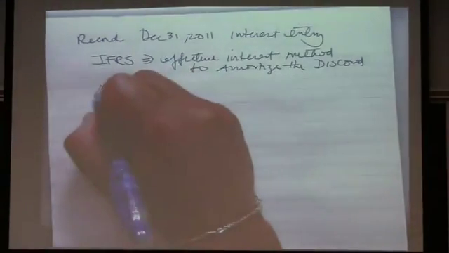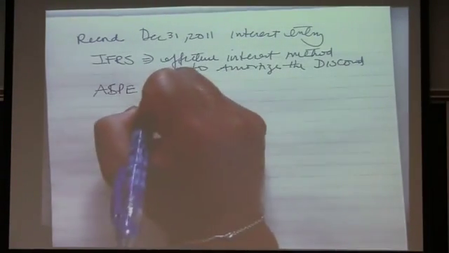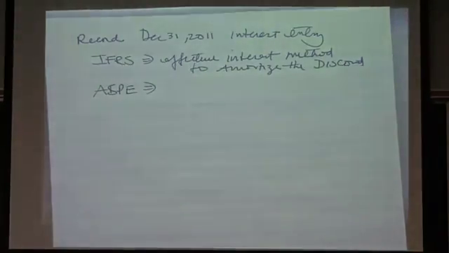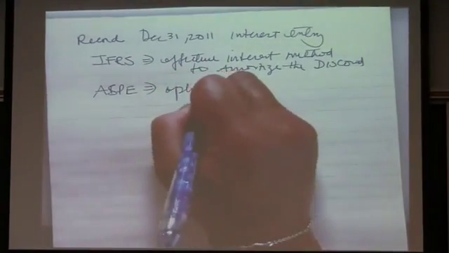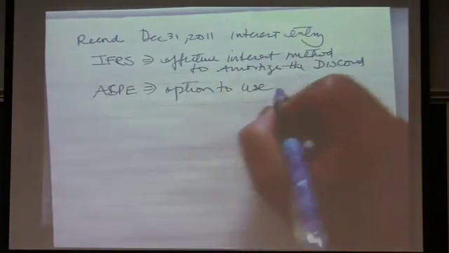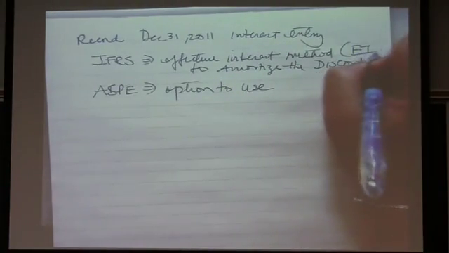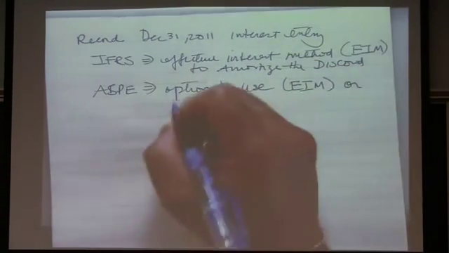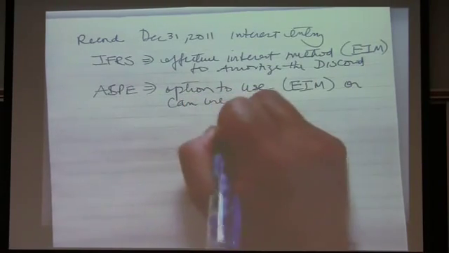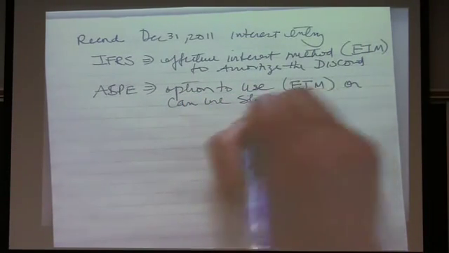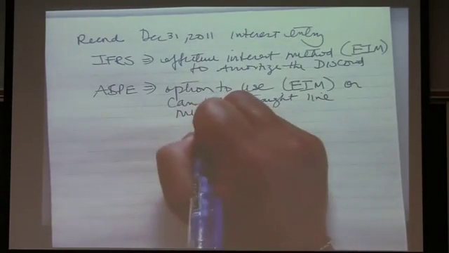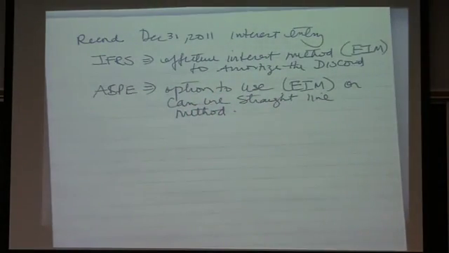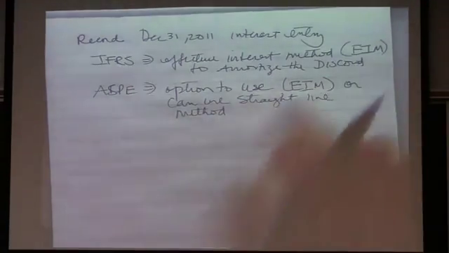Under ASPE, Accounting Standard for Private Enterprise, we do have an option to use effective interest rate method, which is EIM method, or can use straight line method if the interest amount is not going to significantly be different under this method as opposed to EIM.